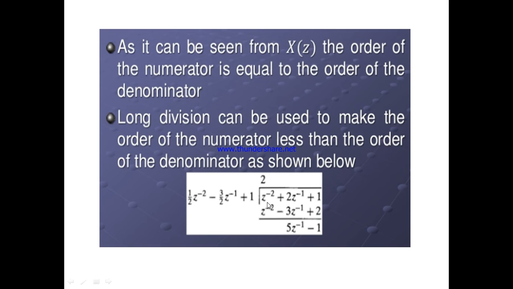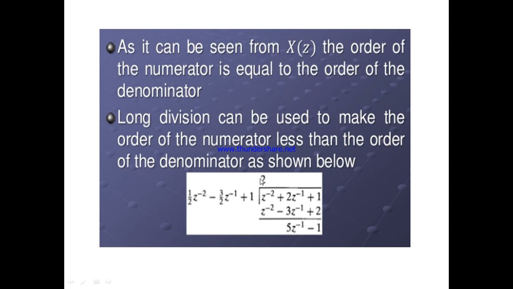Our aim is that when we subtract, this element becomes 0. For this I am multiplying by 2, so we write 2 here. When you multiply 2 with this term, we get z power minus 2, so ultimately this term will cancel.